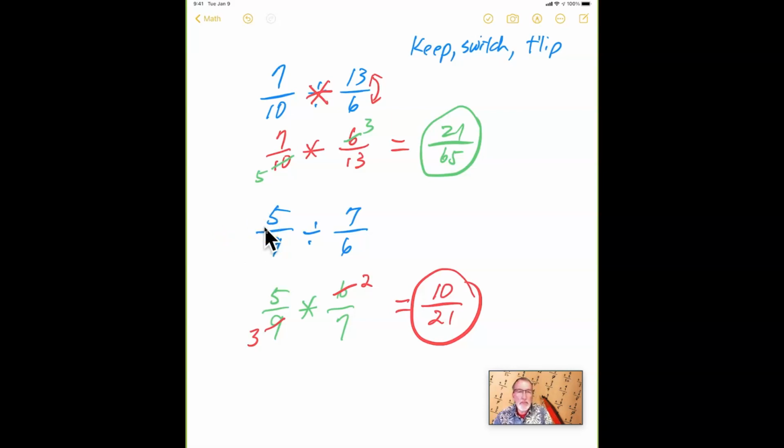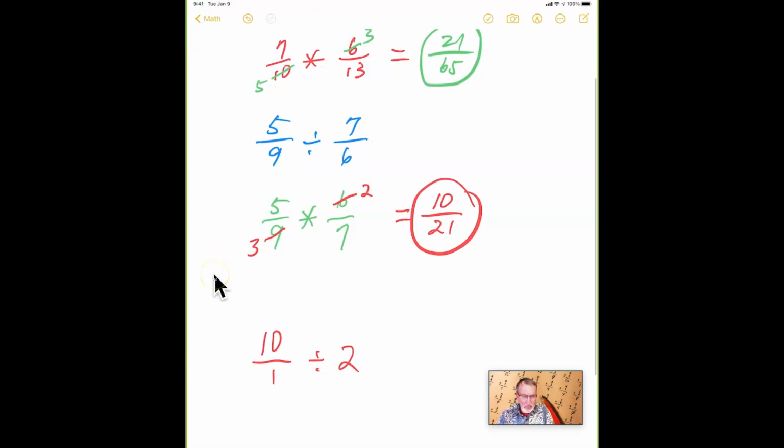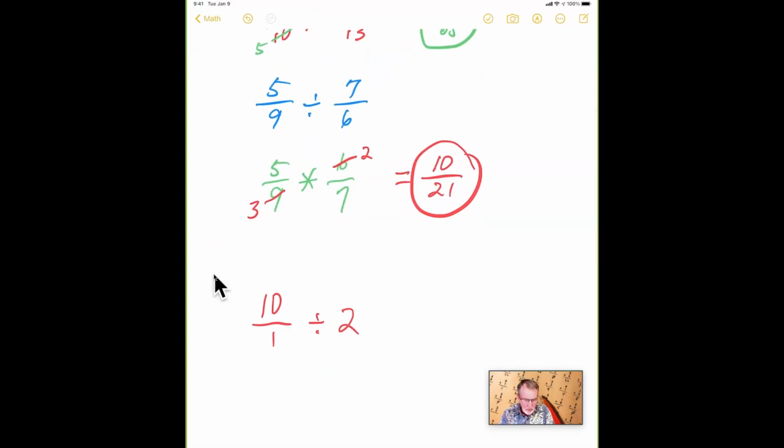I want to show you something. Say we wanted to do 10/1 divided by 2, something like that. If we were to use the keep, switch, flip method, we're going to leave 10/1 where it is. Let me change colors once just for fun. We have 10/1 times the inverse of 2.